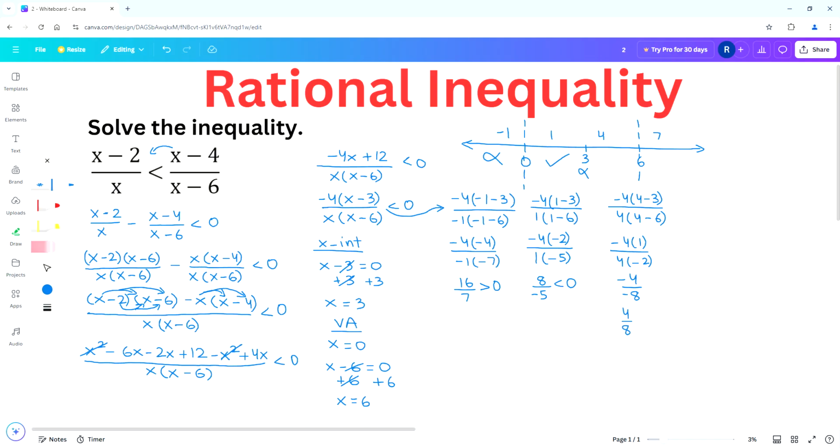This fraction has a value greater than 0. Therefore, the inequality is not satisfied in the interval from 3 to 6.